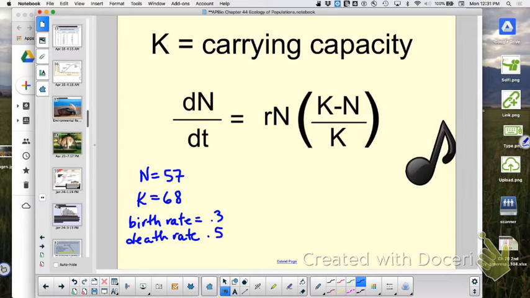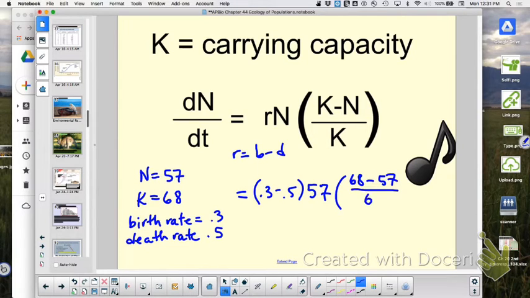Okay, and then we know to calculate R that R is equal to B minus D, yes? So if I'm going to work this out, I'm going to say birth 0.3 minus 0.5, times N, what's N? 57, and then I'm going to do carrying capacity of 68 minus 57 over 68.